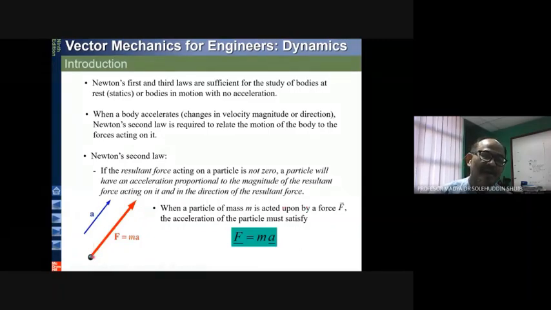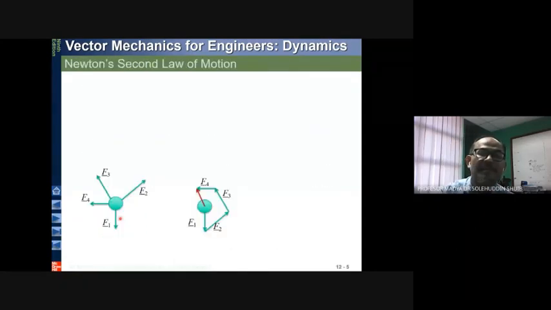So F is proportional to the acceleration, and they are in the same direction.